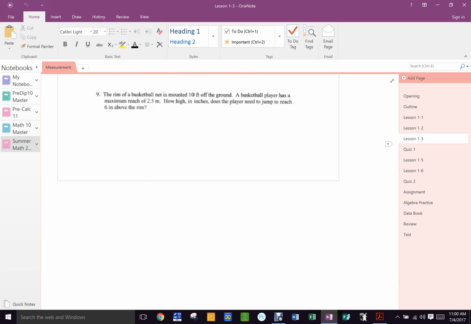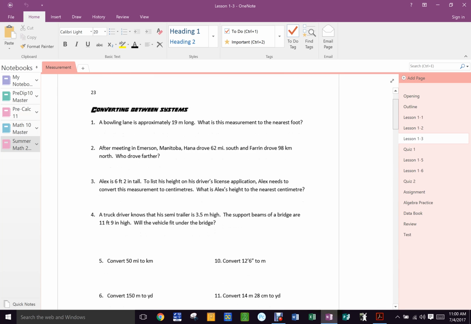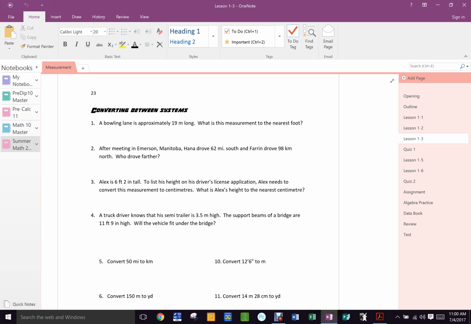So let's move it along to converting between systems, which for you guys, you need to skip all the way up to 23. So remember, at the top of this, because we're going between systems, I'm going to rewrite that fraction.